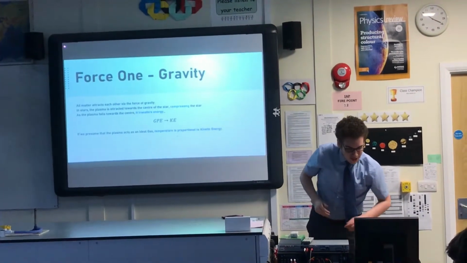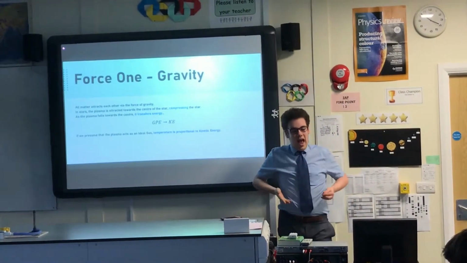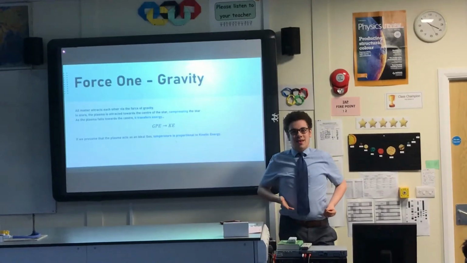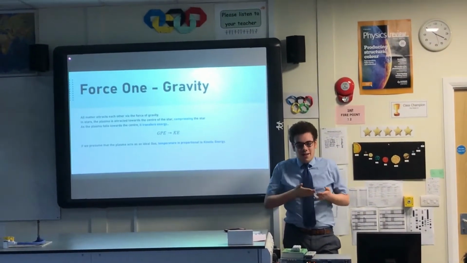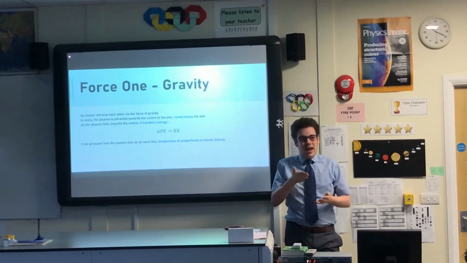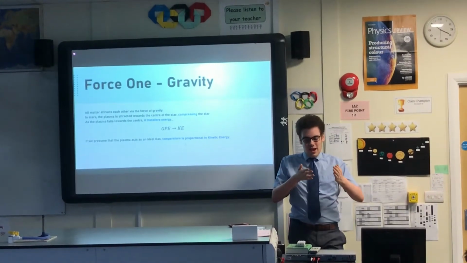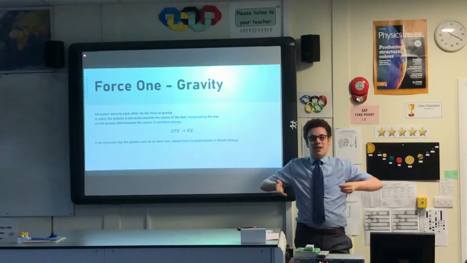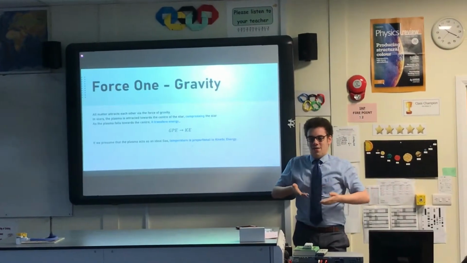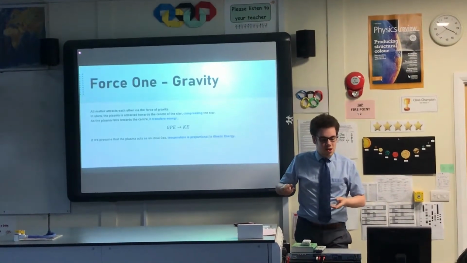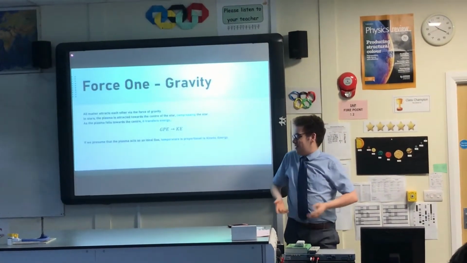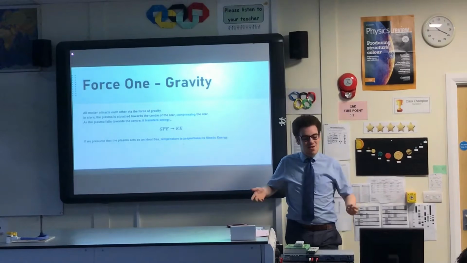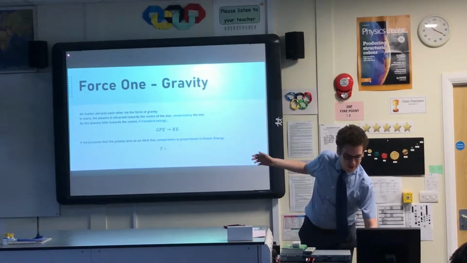Now, if we presume this plasma acts as an ideal gas, basically what that means is that we make some assumptions and simplify this gas model so we can actually work out some physics about it. If we presume it's an ideal gas, temperature is proportional to the kinetic energy of those particles.